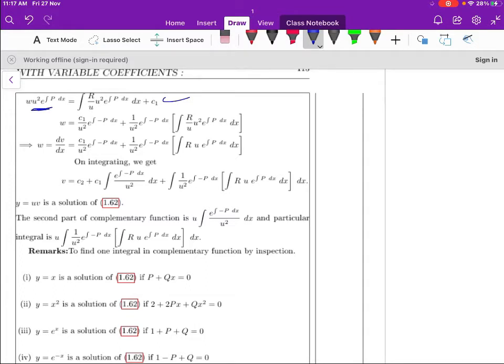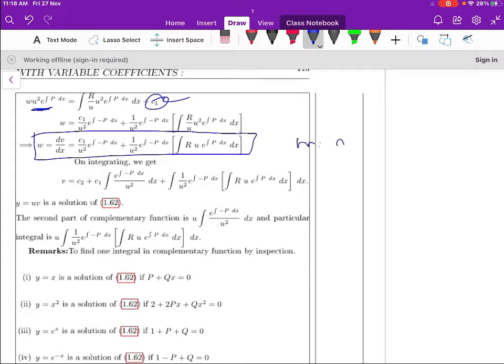So u square into e to the power of integral of p dx, take to the RHS, divide by this term. Therefore we get w equal to c1 by u square e to the power of minus integral of p dx plus 1 by u square into e to the power of integral of minus p dx into integral of r by u into u square e to the power of integral of p dx into dx. So this is w.